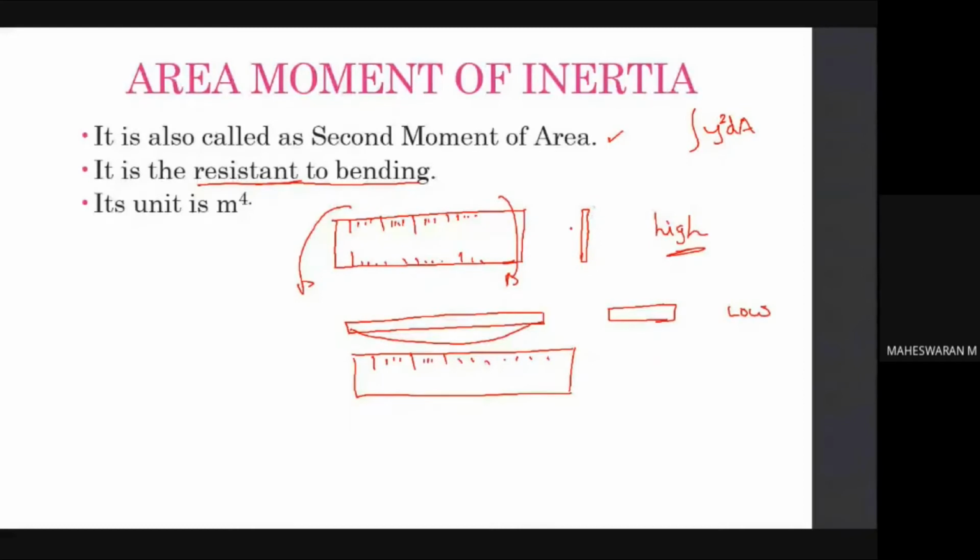When you keep it like this, it has higher resistance to bending, so there is no possibility of cracking. So it is very safe. The design should be such that you arrange your object properly, and that deals with this moment of inertia, right?